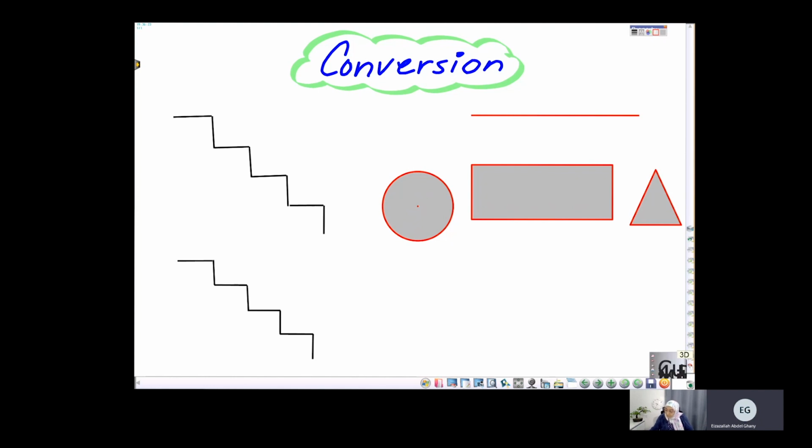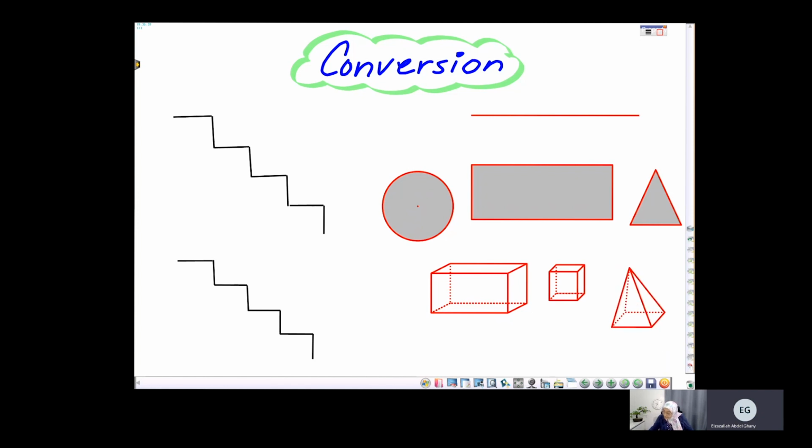About volume, we can find the volume of a 3D shape, like a cuboid, a cube, a pyramid, a cone, or a cylinder. All these shapes are 3D shapes. 3D means having length, width, and height, or like the cylinder, it has a radius and a height.